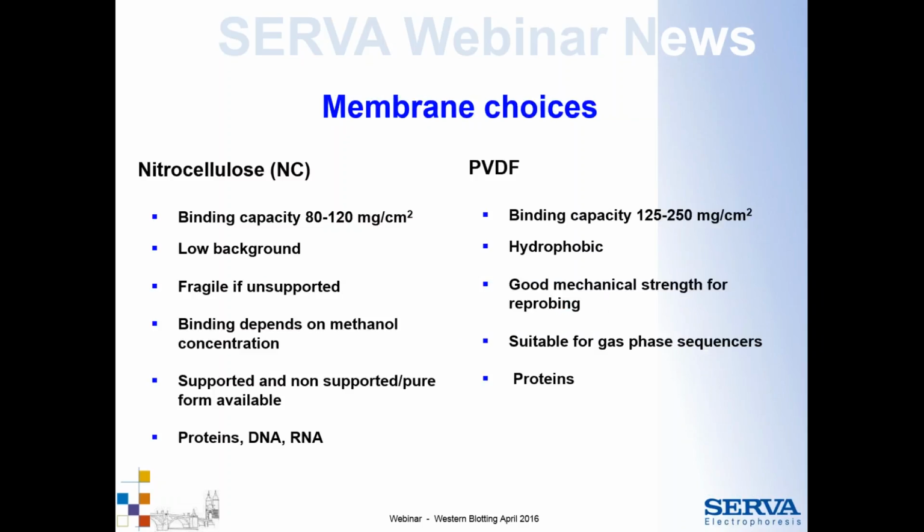Okay, so you have to choose the right membrane for your application. The most common types are the nitrocellulose and the PVDF membrane. The nitrocellulose membrane has a lower binding capacity compared to the PVDF membrane, but it shows low background, and the binding depends on the methanol or ethanol concentration in the blotting buffer.